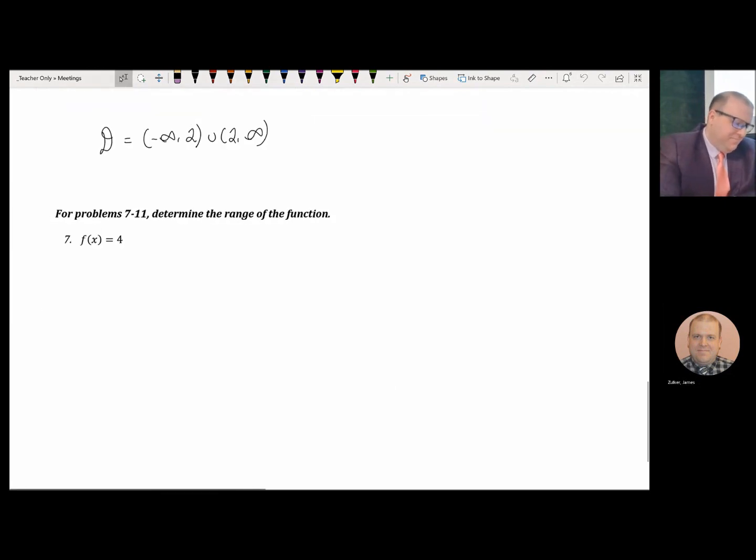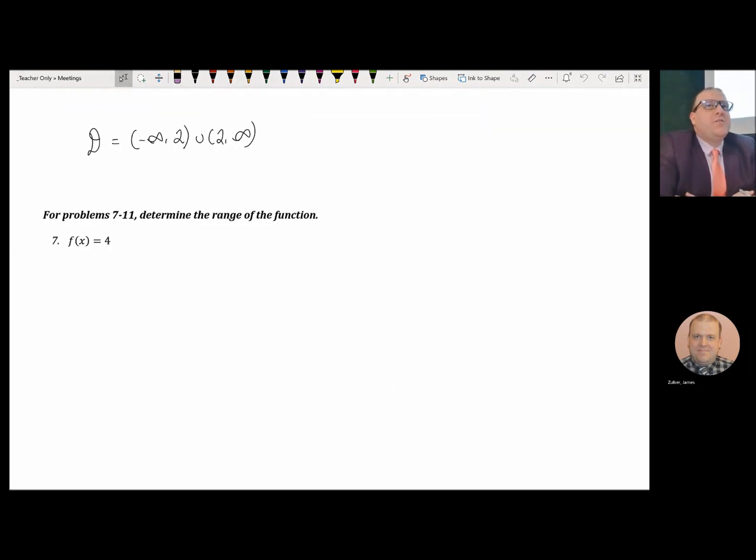There you are. Let's now look at range. Remember, range is what the function gives you. This problem is extremely tough. I don't know how we're going to get through it. What's the range of this function?